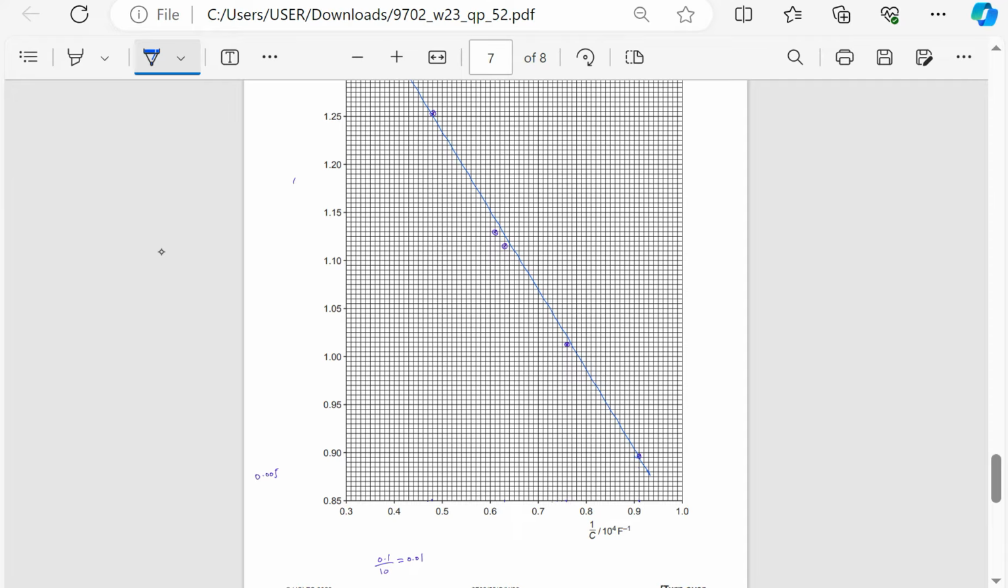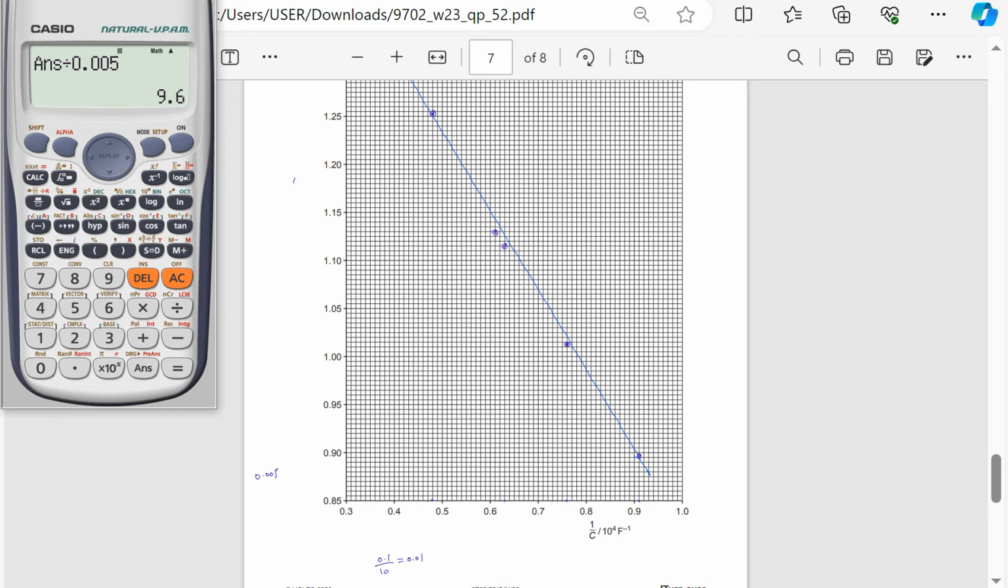Okay, let me try to check one of the points, which is 0.63 against 1.131. I mean 1.115. I have to check that again. 0.63 against 1.115.